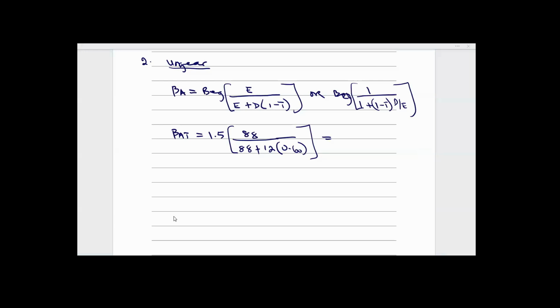0.6 multiplied by 12 equal, then plus 88 equal 88 divided by 95.2.